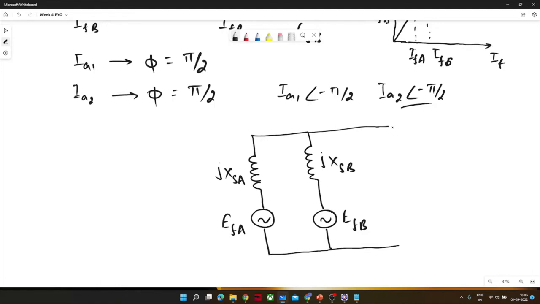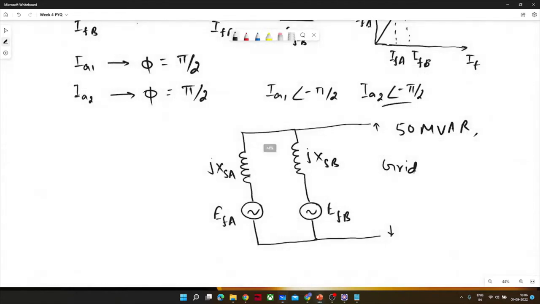Let's say the grid is connected and it is operating at 50 MVAR, 11 kV.